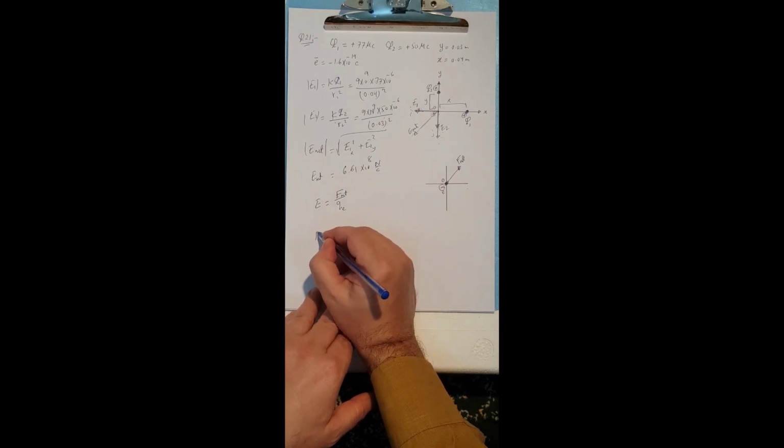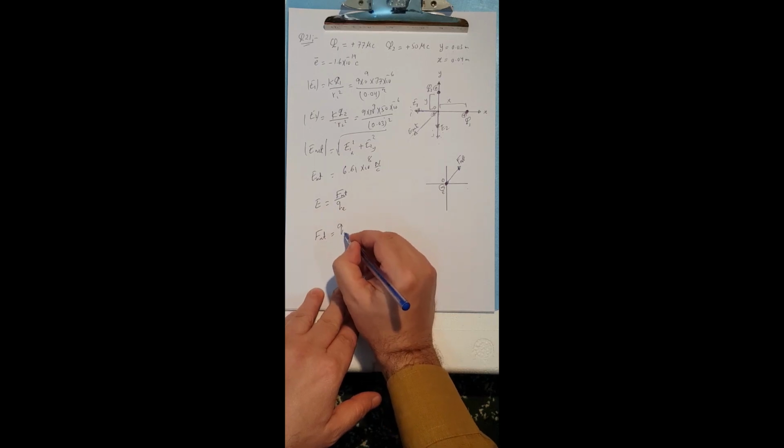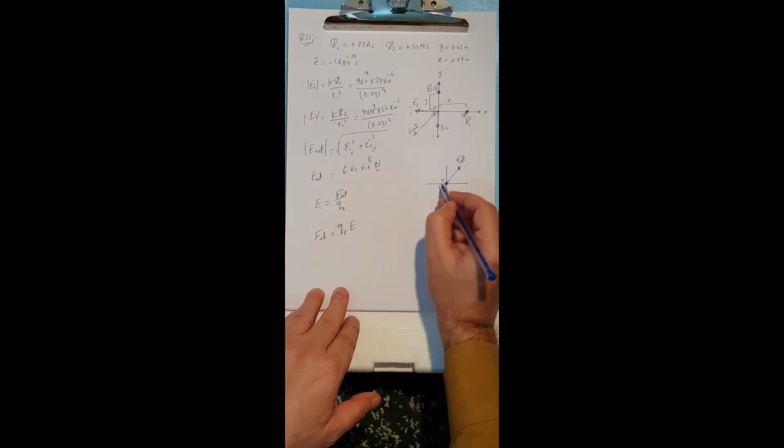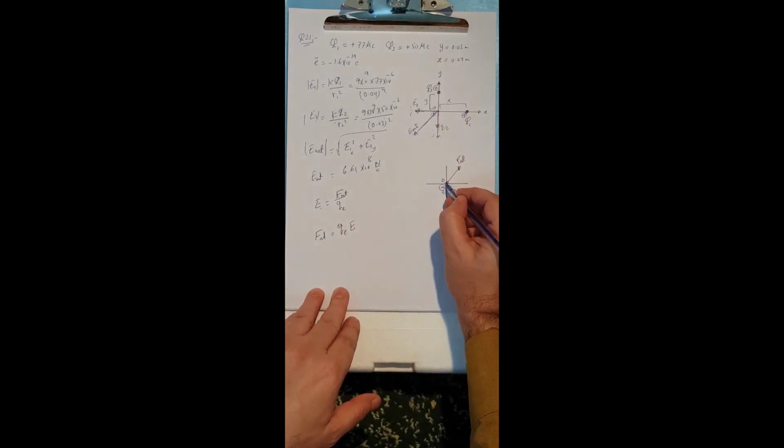So if I want to find F net, I just have to multiply the charge of an electron, Q electron, by E, and E here is E net, the total electric field, which is this way, but we reverse it because it's an electron.